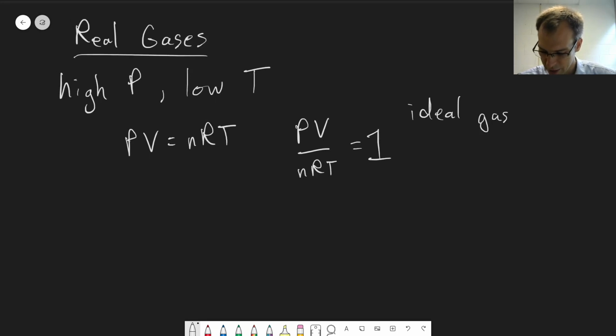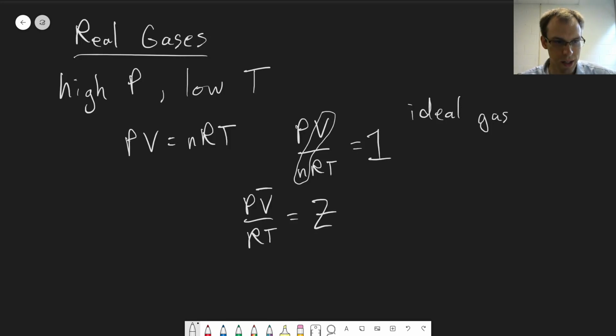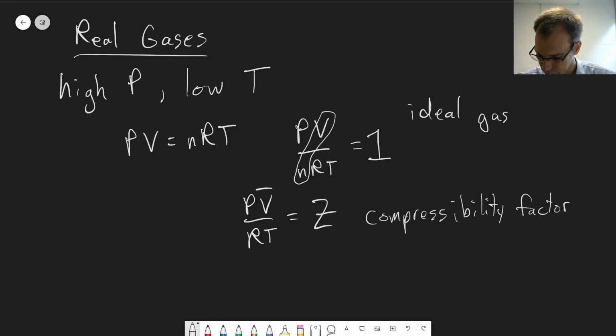We can combine the V and n here and call that the molar volume, and say this is P V-bar over RT, and we call this Z, which is the compressibility factor. And this gives us a way to judge whether a gas is behaving ideally or not.